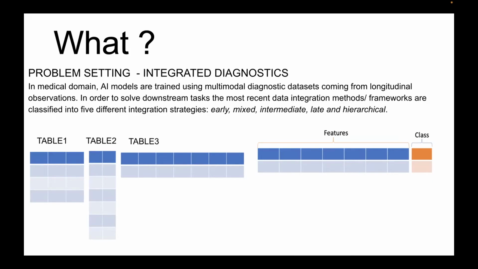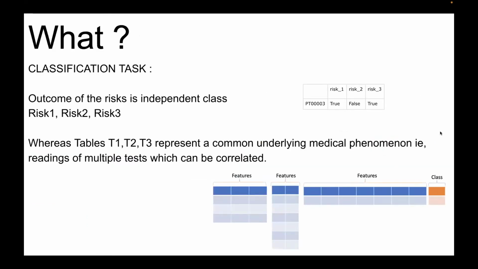We have focused upon intermediate and hierarchical concatenation for the downstream tasks. The classification task given to us has a multi-label dataset which is independent for now, and tables T1 to T3 for each patient, and inside the table the data can be correlated.